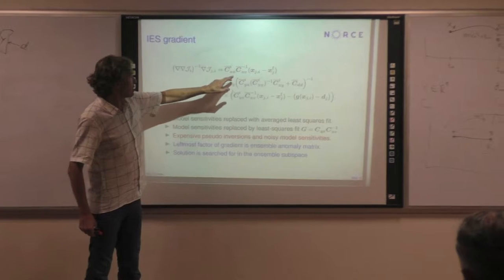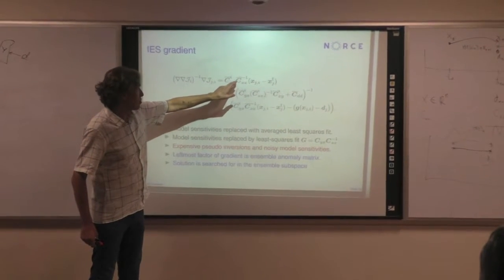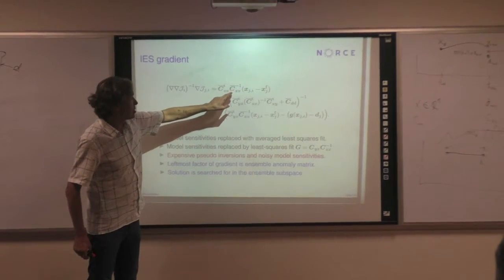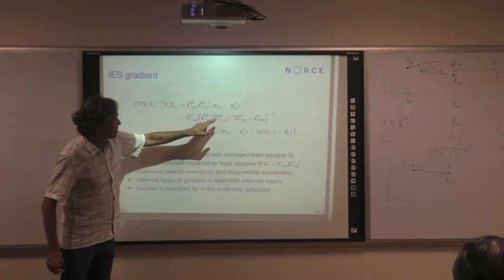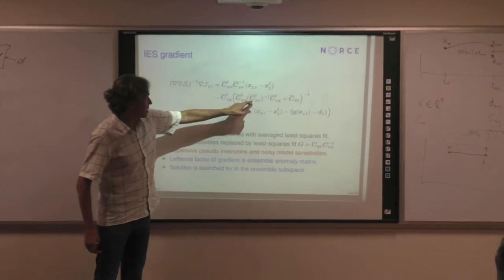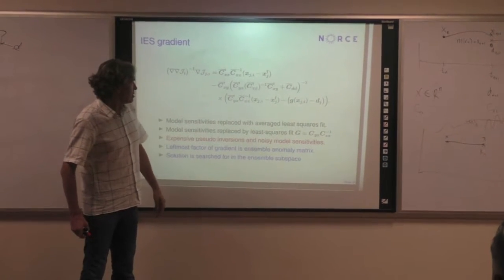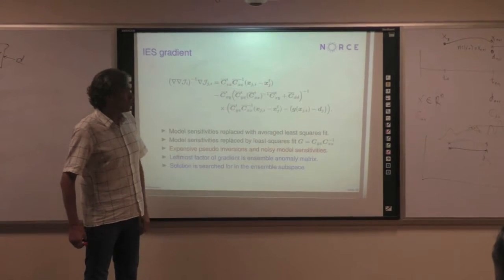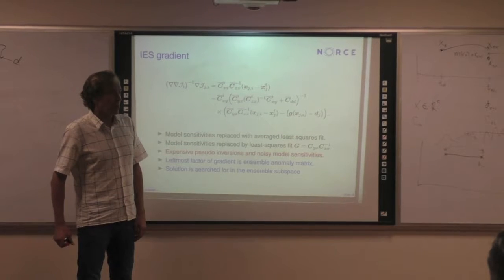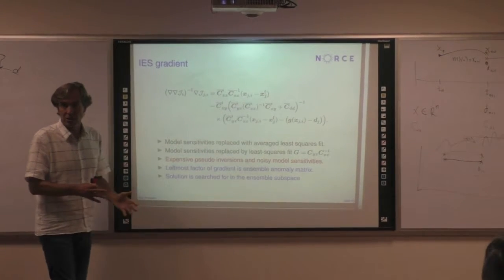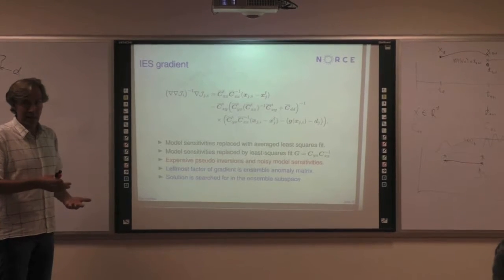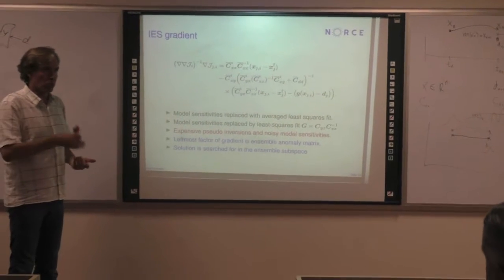The first thing you notice is that you have the inverse of the covariance matrix for x here. You have the inverse of the covariance matrix for x at the iterate here. And again, it comes back here. And this you have to compute. Of course, we only have an ensemble representation of these, meaning that they are low rank, so you have to introduce pseudo-inversions.